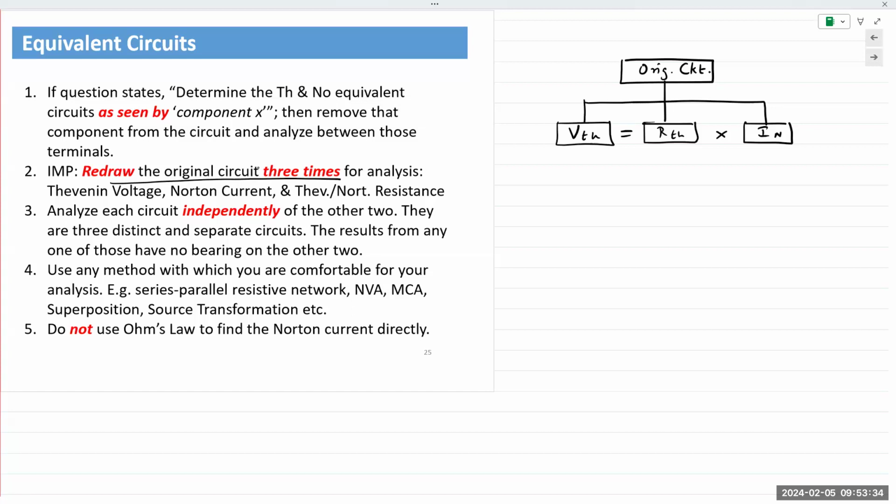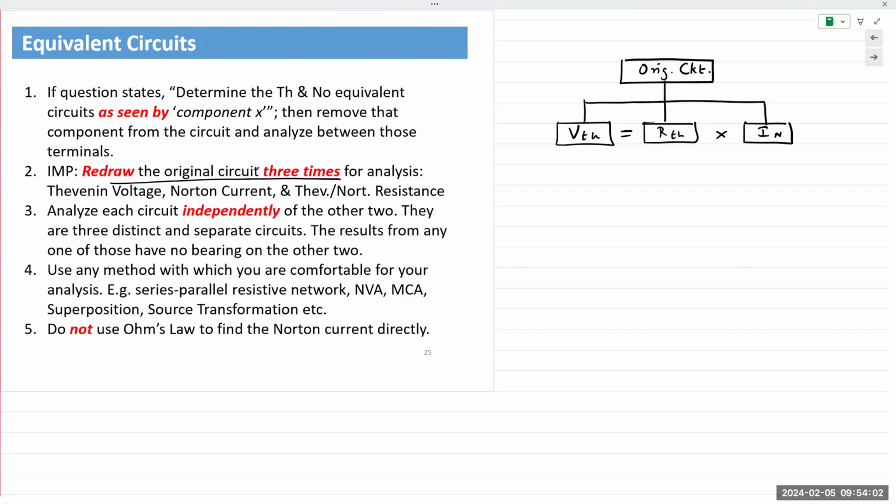So once you find Thevenin resistance, you go back to the original circuit, and at this point, all you're doing is taking the original circuit and determining the output voltage at the terminals where R6 was connected. Again, you're trying to find the Thevenin and the Norton equivalent circuit at an open pair of terminals.